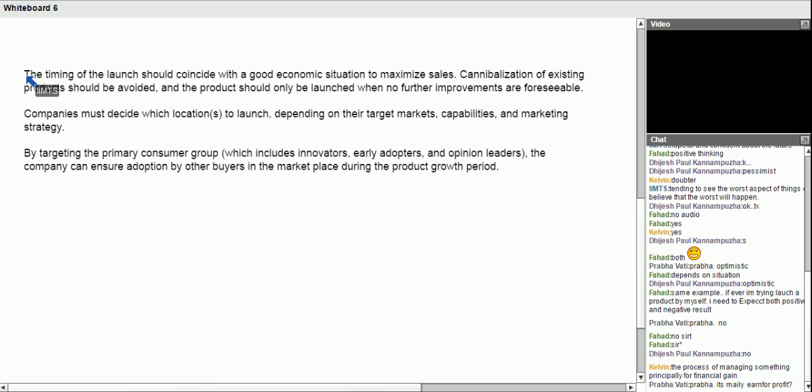Now these are the three steps that must be implemented during the commercialization of a new product. What are the three steps? The timing of the launch should coincide with a good economic situation to maximize the sales.